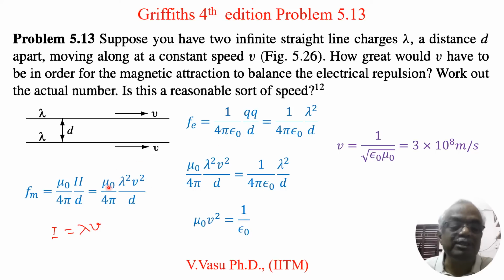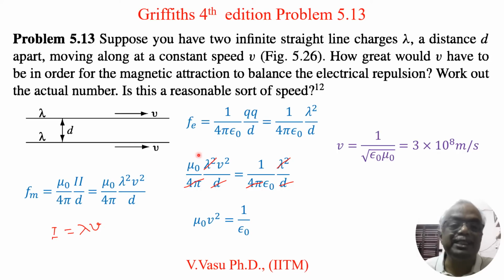Now you equate both, that is this one, mu naught over 4 pi, lambda squared v squared by t, and this 1 over 4 pi epsilon naught, lambda squared over t, because we have to balance both the electric force and magnetic force. Now, interestingly, this 4 pi will get cancelled. Similarly, lambda squared will get cancelled, and also this t will get cancelled.